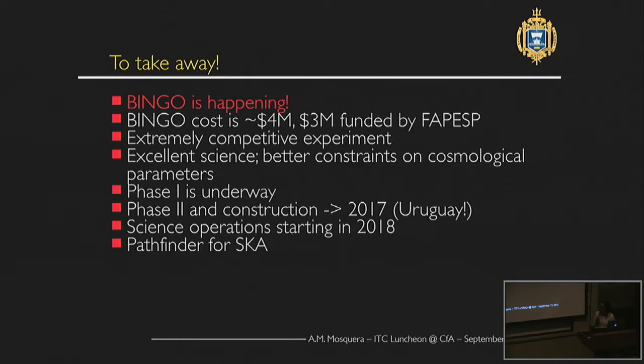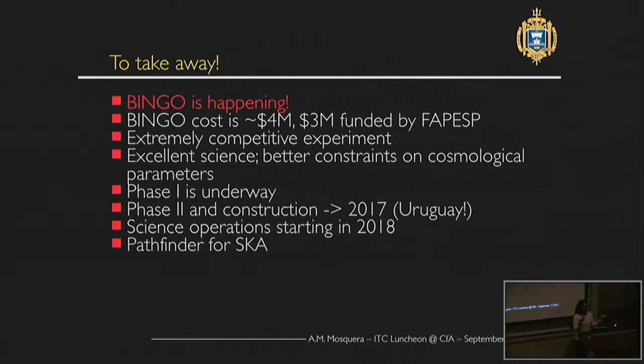So after all this, the thing that I really want you to take away is that BINGO is happening, that BINGO is very cheap, at 4M, and is already funded to 75%. It's underway, and we are going to do extremely good science.